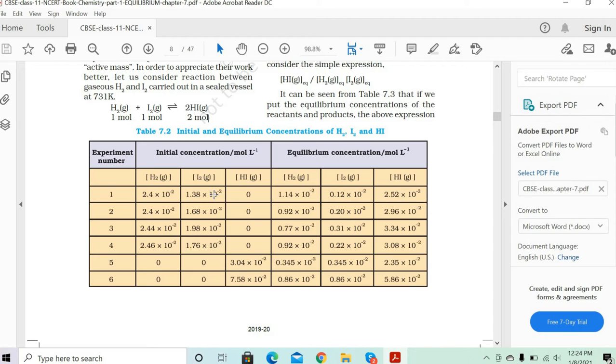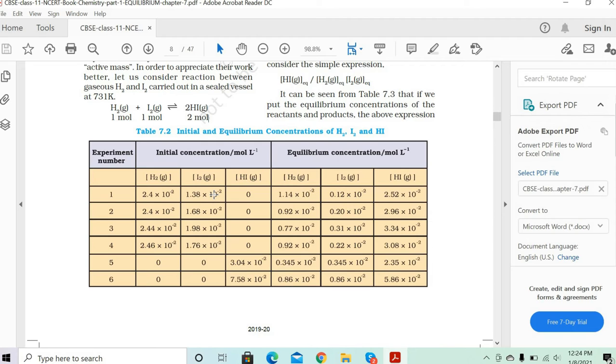In the first row, we have taken 2.4 into 10 to the power minus 2 moles per liter of hydrogen and 1.38 into 10 to the power minus 2 moles per liter of iodine. When you mix these two reactants, the initial concentration of HI was 0. Got it?